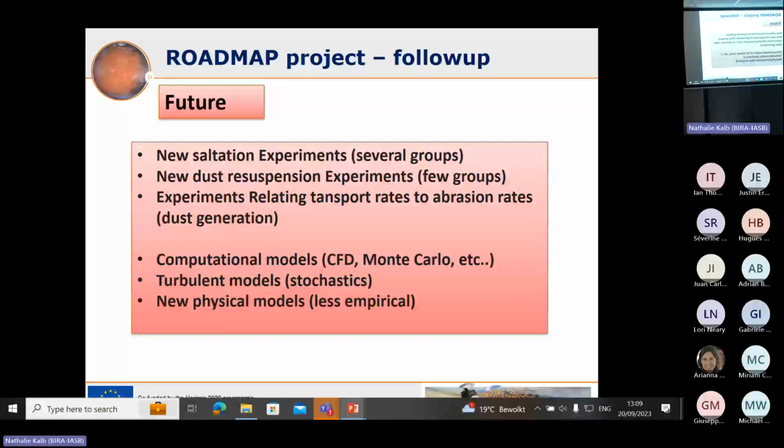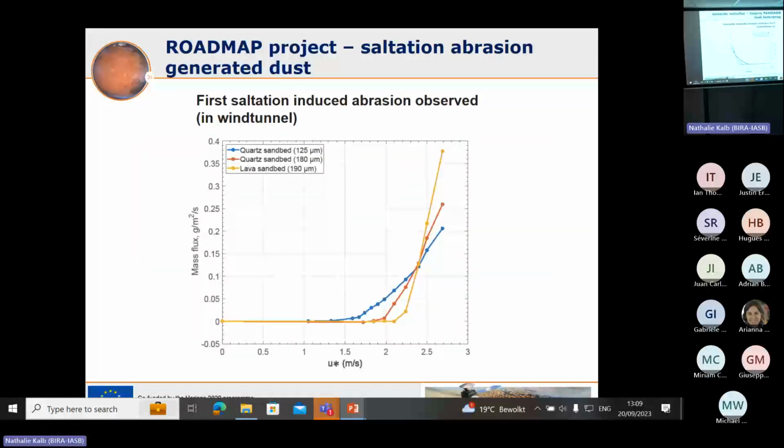Just at the end, you showed some measurements of the dust flux as a function of the friction velocity. And at the beginning, you showed two equations to model this. Did you make any comparison with the equation? Oh, you mean the saltation induced or the direct dust resuspension?